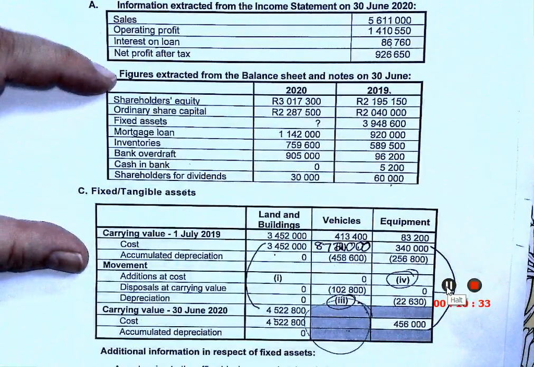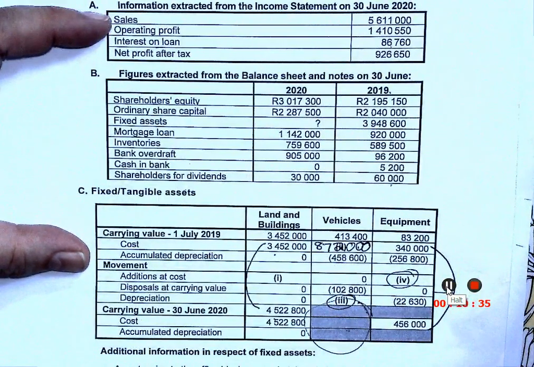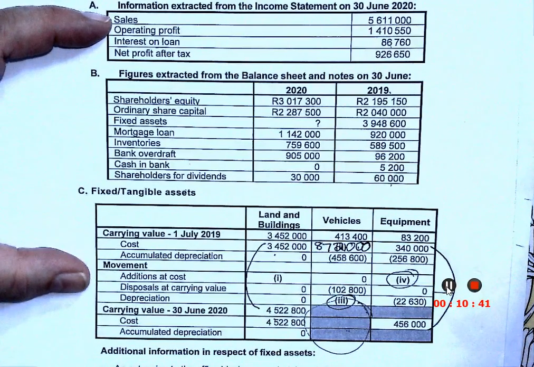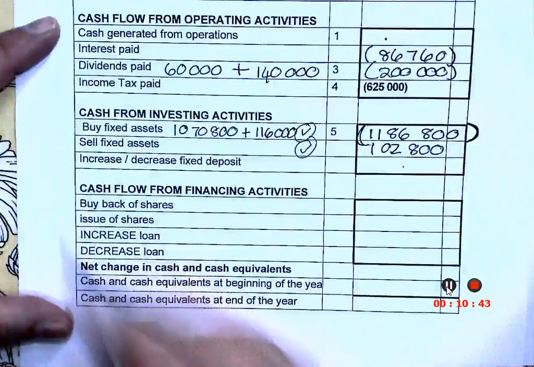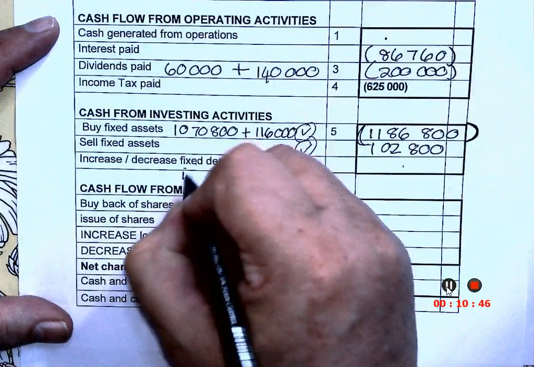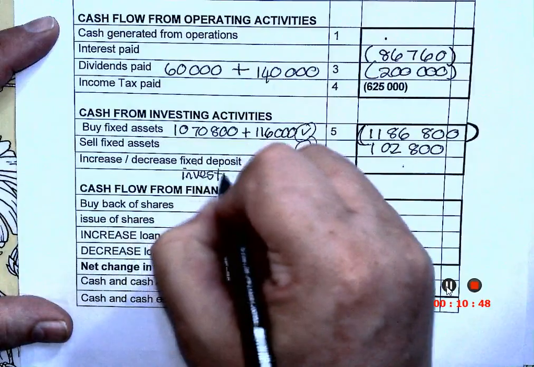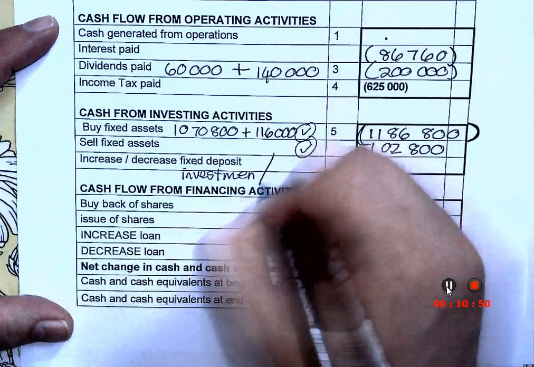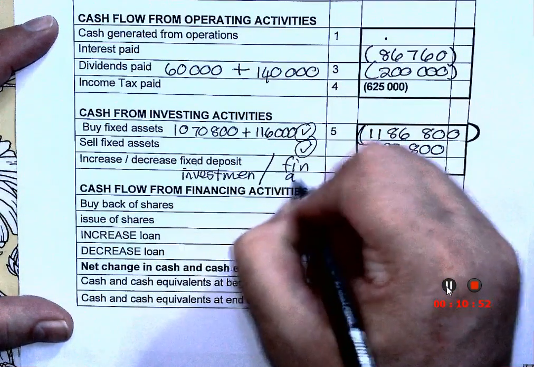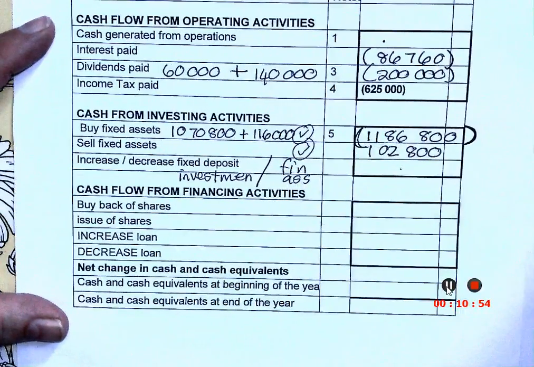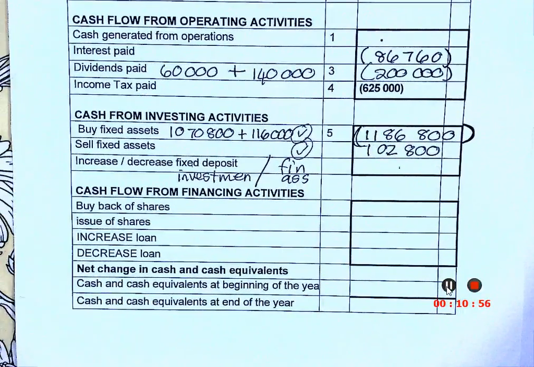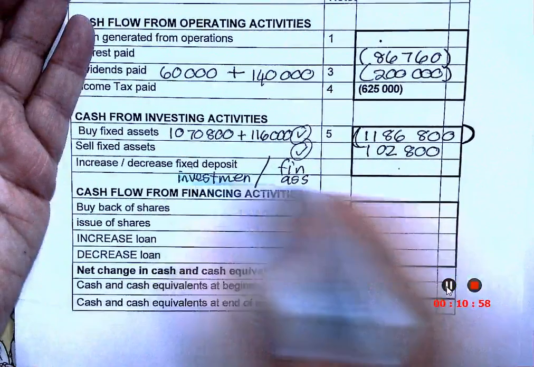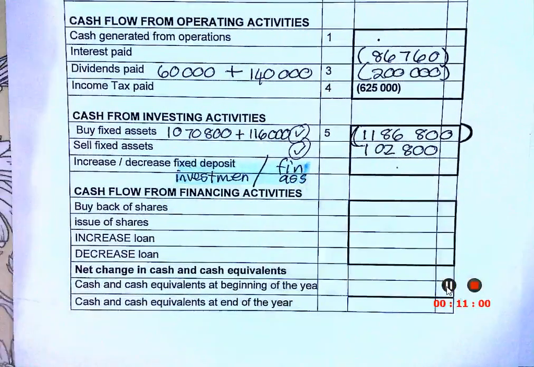Remember, they can say either fixed deposit, investment, or financial asset. Okay, just make a note for yourself. Fixed deposit can also be an investment or a financial asset. Please, they like using synonyms. It's like English paper 1. They like synonyms. Okay, and I see none of that.